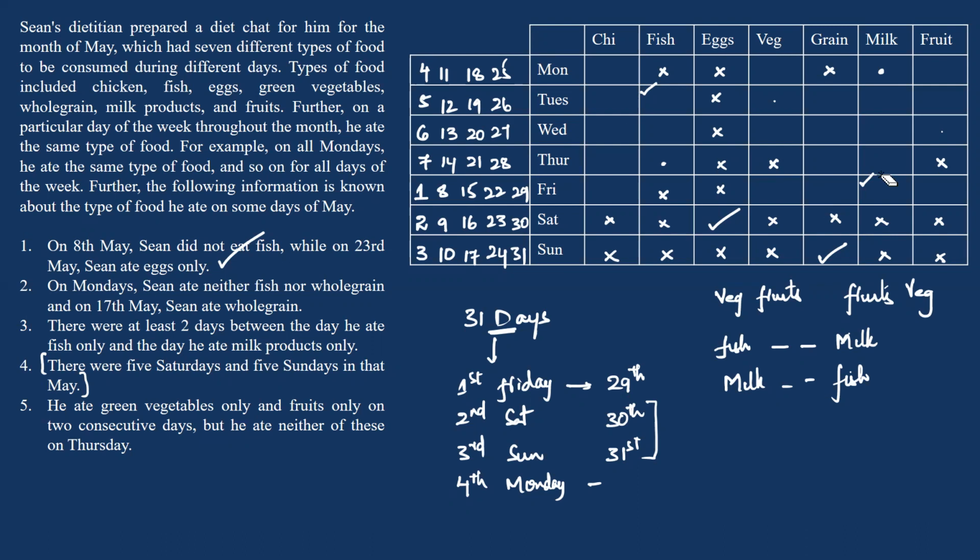Okay, now I can say that on Monday, you have him eating milk products. On Thursday, you have him eating fish. And on Tuesday and Wednesday, he will be eating either vegetables or fruits in any order. Okay, but I can say that on Monday, he is eating milk products for sure. And Thursday, fish for sure.